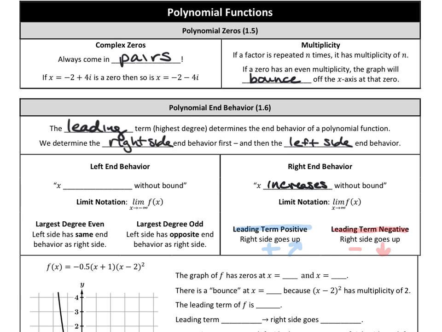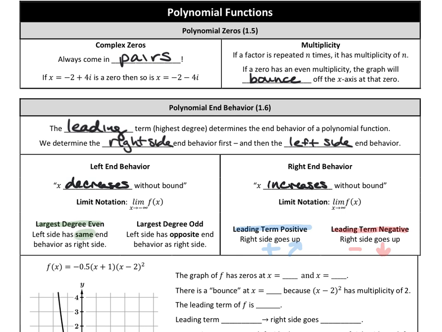Get that in. The left end behavior comes from whether the left side should match or be the opposite. So as x decreases without bound, which is the limit as x goes to negative infinity, we then have to think about the degree of the polynomial. If it is an even degreed polynomial, that means it goes the same direction as the right side.